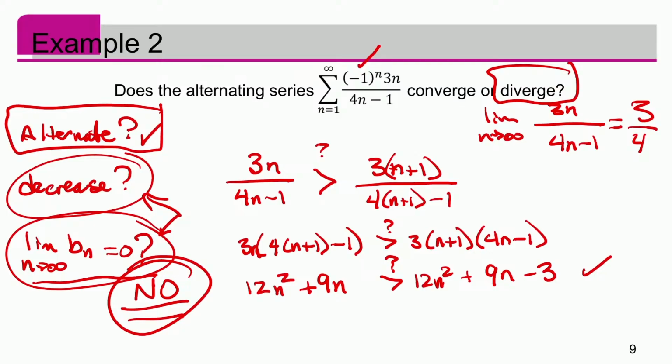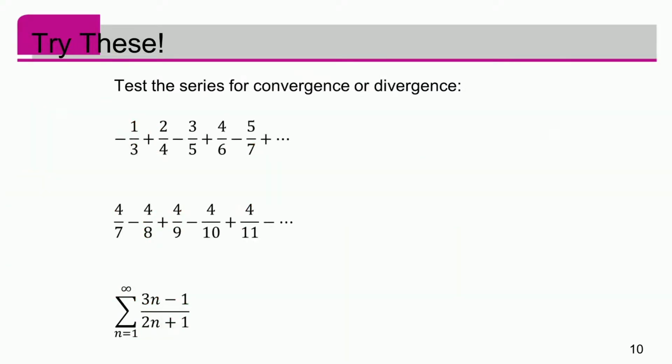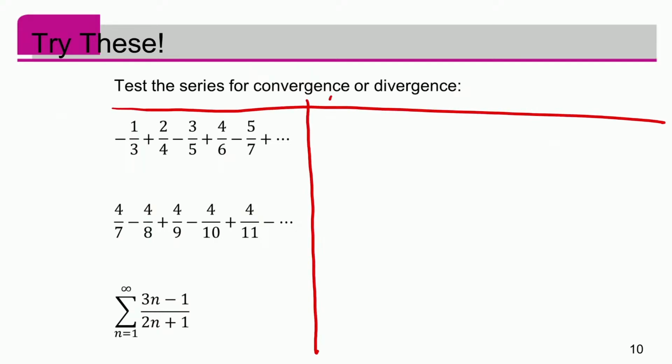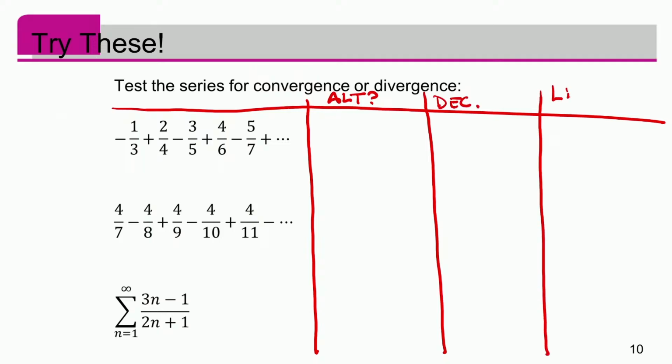Let's do another one. This will hopefully help. There's 3 more here. So I'll make a little table here, and then you can fill in the table. So you're going to ask yourself, does it alternate? Then you're going to ask yourself, does it decrease? And then you're going to ask yourself, is the limit equal to 0?